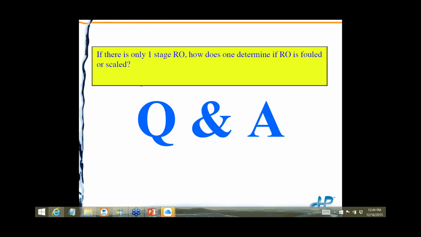If there's only one stage RO, how does one determine if an RO unit is fouled or scaled? I think that's an excellent question, because now we don't have the location. We just know that somewhere in the one stage we've got a problem. Fortunately, most one stage systems are seawater systems.